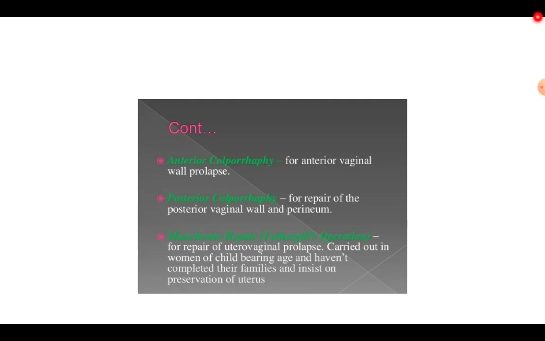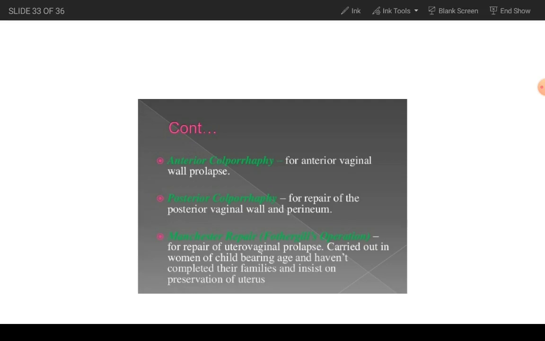Anterior colporrhaphy, posterior colporrhaphy. So what is that? The patient is in the lithotomy position. This is for the anterior vaginal wall prolapse. Here you have the vagina like this.